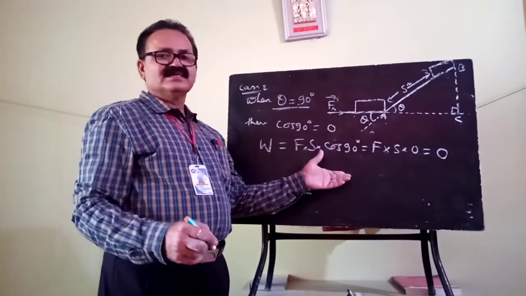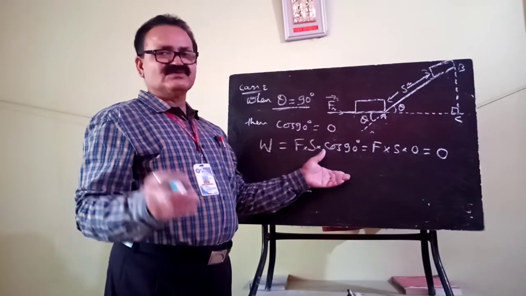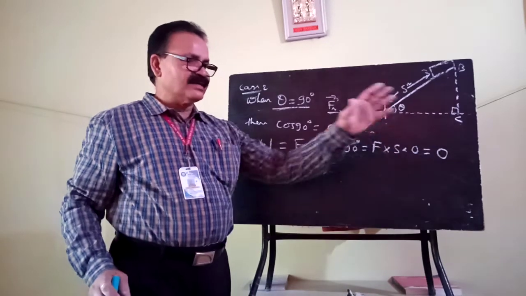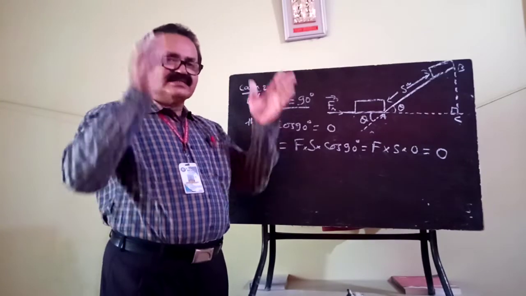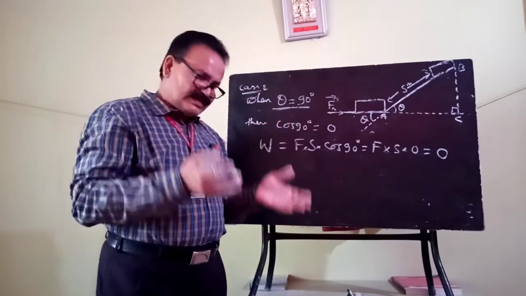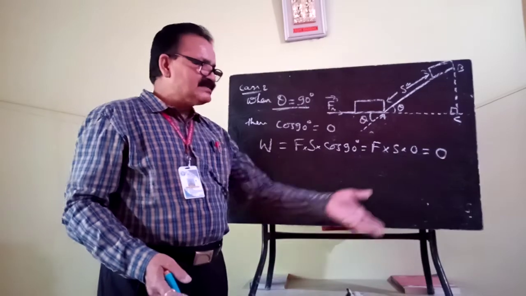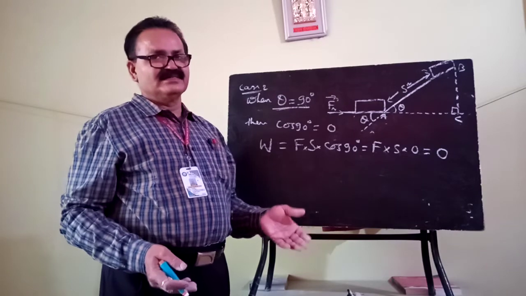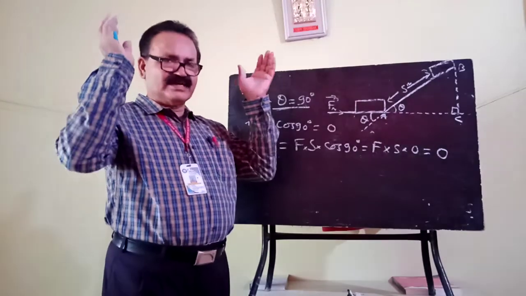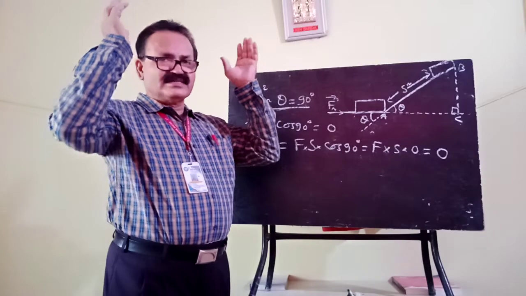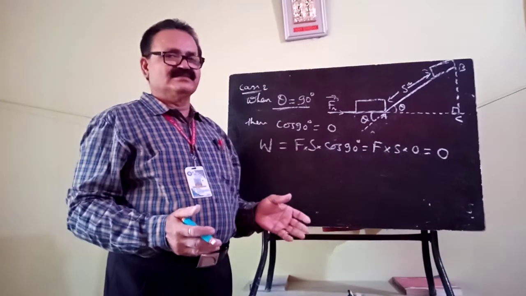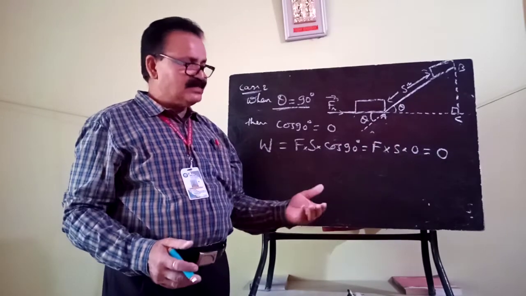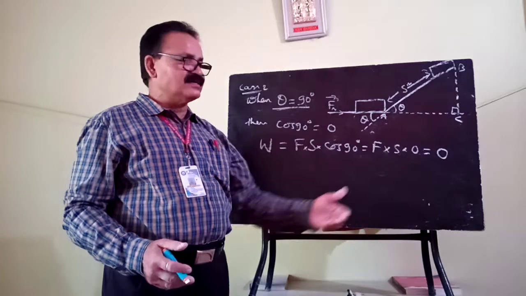In this case, take one example: suppose a coolie is carrying his load on his head and walking on a horizontal road. Then what will happen? The force is exerted vertically downward, but the displacement is perpendicular to the direction of force applied. The weight of the luggage he is carrying on his head acts vertically downward, and the direction of motion, that is the displacement, is perpendicular, which means it makes 90 degrees.